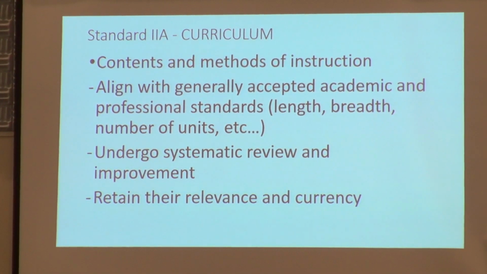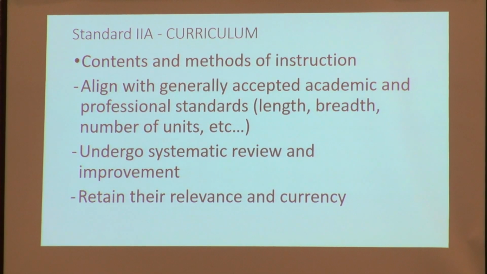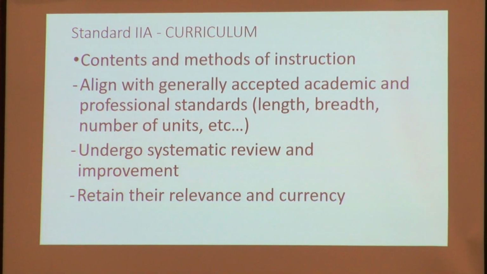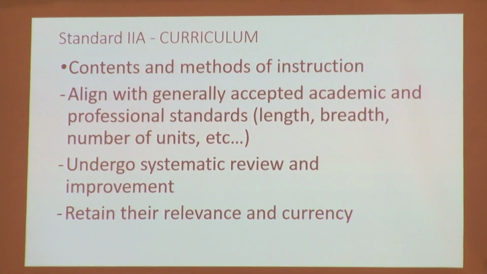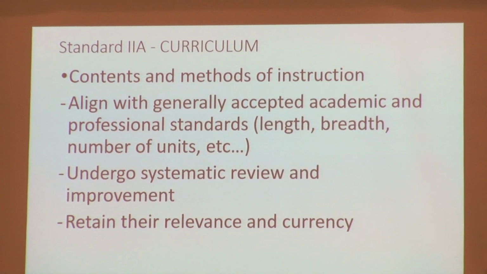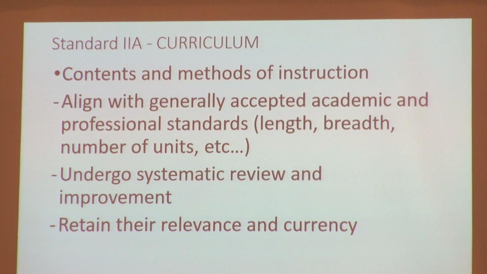I make it very clear to my students which colleges they can currently transfer over to with no problem. And if there's a college that isn't fully articulated, then Mike Fenton and other people put it on the list to get it articulated. So this really says a lot about our being in agreement with generally accepted academic professional standards. Undergo systematic review and improvement.